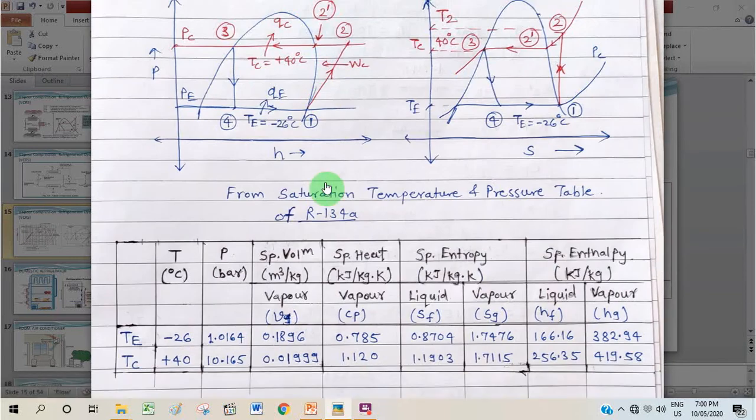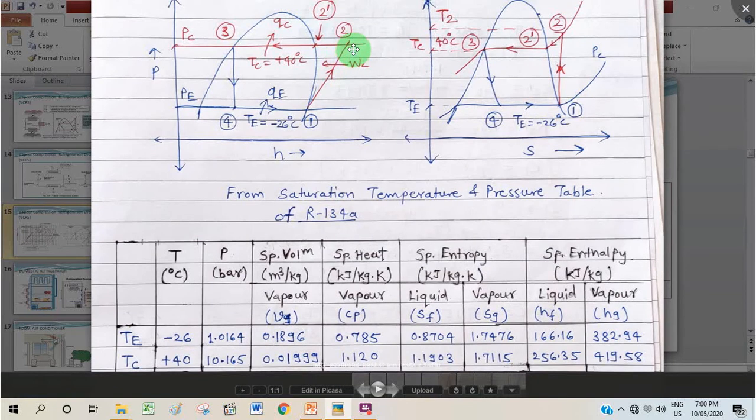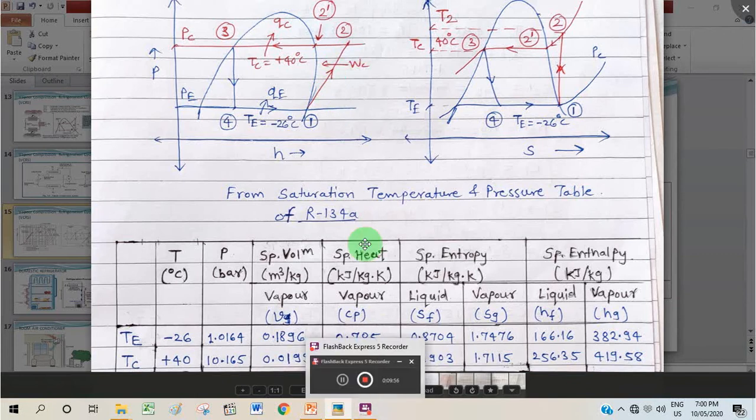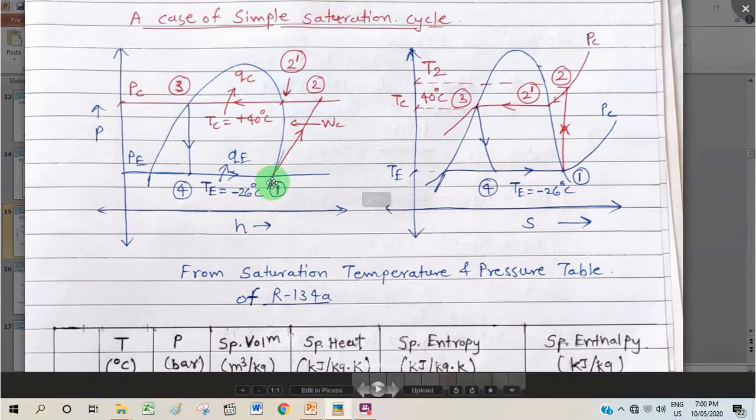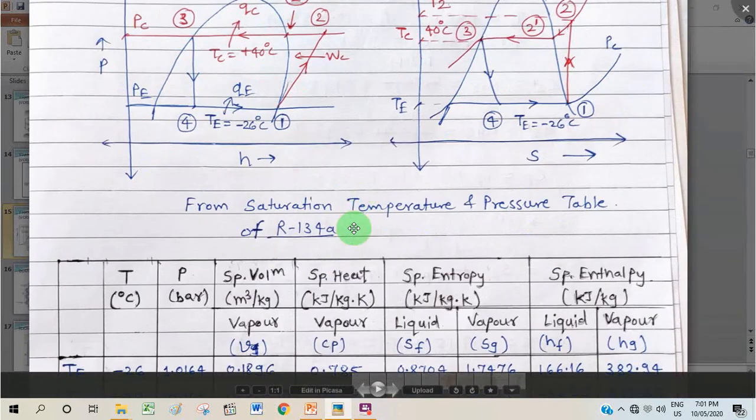Now let us move on to the next point, that is after compression. We know that the compression process is isentropic compression. So the end point after the compression will be in the superheated state. For this point number 2, we cannot get any value directly from this table.